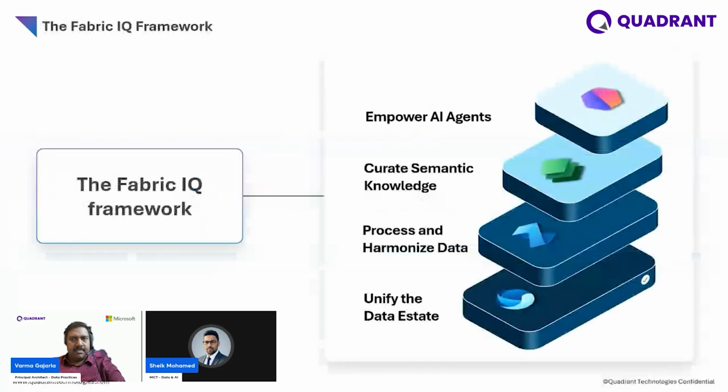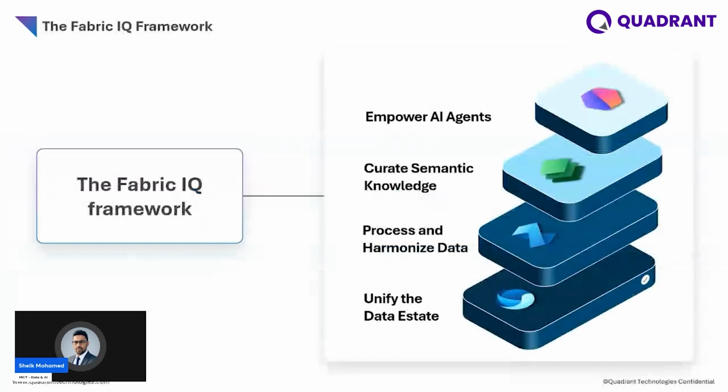Yeah, let's get started. So, I wanted to quickly let you know, I think we'll center the entire conversation around the Fabric IQ framework. So we'll quickly look at what are the different layers involved from bottom to top, as you can see here, right from the unification of your entire data estate, how Fabric IQ as a framework helps you to unify your data estate, and then we process and harmonize data.